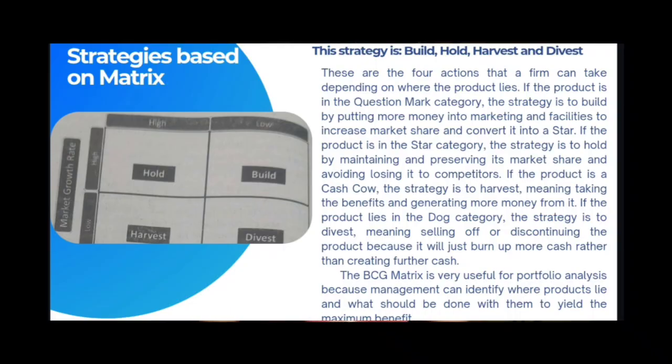So let's move on to BCG strategies. Now, we have 4 strategies. 1 is to build, number 2 is to hold, and number 3 is to harvest, and lastly is to divest. So if ang product is a question mark category, then the company should build a stronger investment, not only financially but strategically.